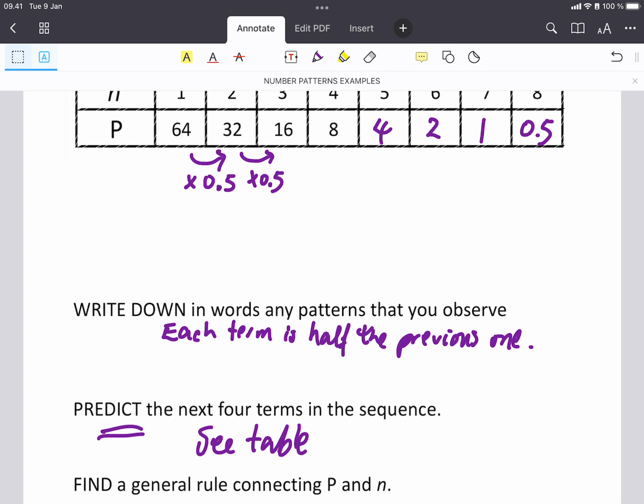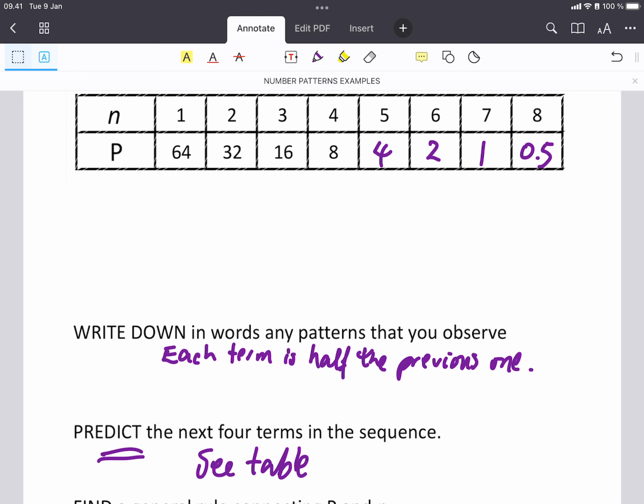Okay, so let's try and apply the same logic and reasoning as before. So the first term is 64. The next term is 64 times 0.5. The next term after that, you're multiplying by 0.5 again, or multiplying by half again.